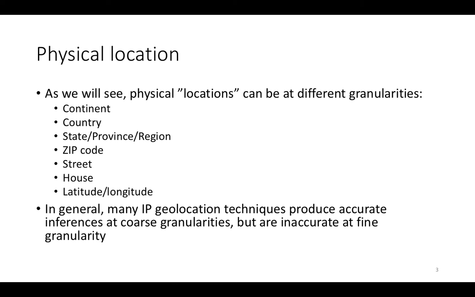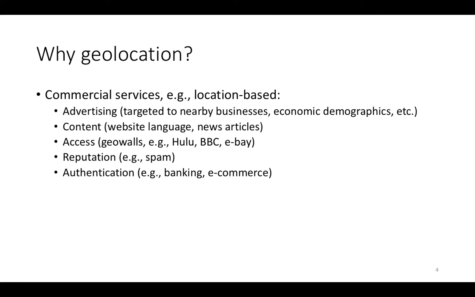At best, we might want to know exactly the latitude and longitude of a particular IP address. However, it's important to keep in mind that many IP geolocation techniques are most accurate at coarse granularities. We'll see in future lectures techniques to do more fine-grained IP geolocation.